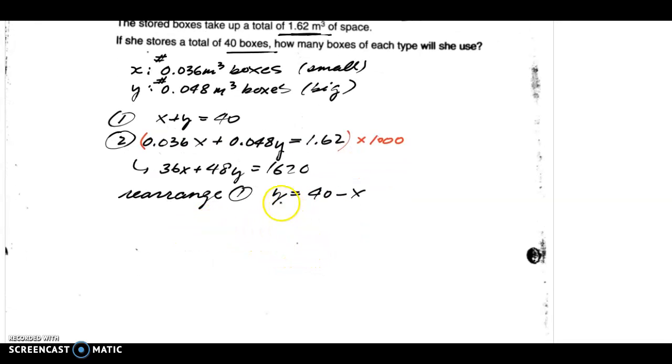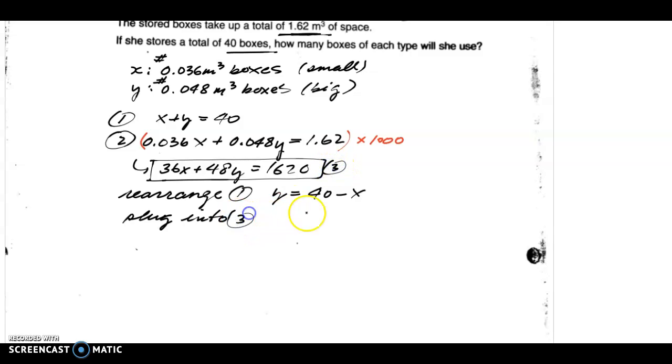Now what I can do is plug into 2, so this one, I'll call it 3. Plug into 3. That would mean 36x plus 40 minus x equals 1620.